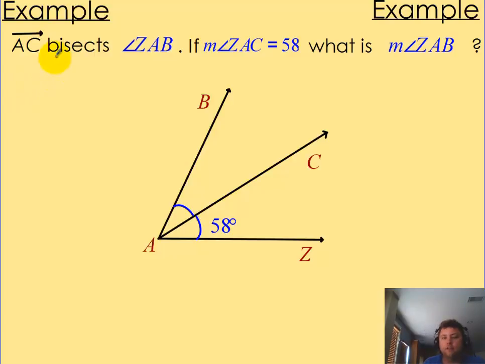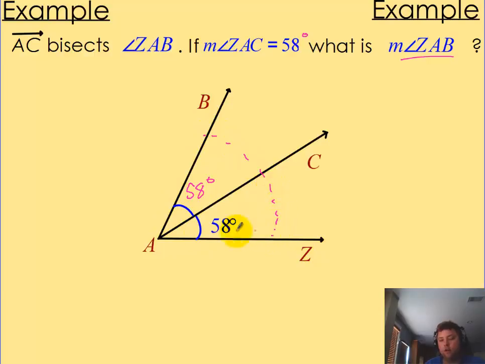Alright, let's answer this. Ray AC bisects angle ZAB. If the measure of angle ZAC equals 58 degrees, what is the measure of angle ZAB? We know ray AC bisects it, so if angle CAZ is 58, then this other angle is also 58 degrees. But we need to find the total, ZAB, this whole angle.